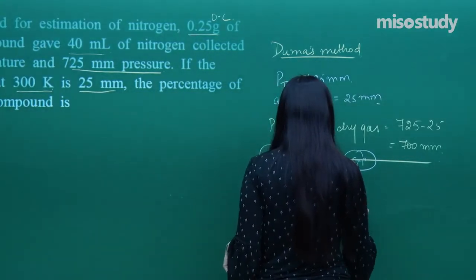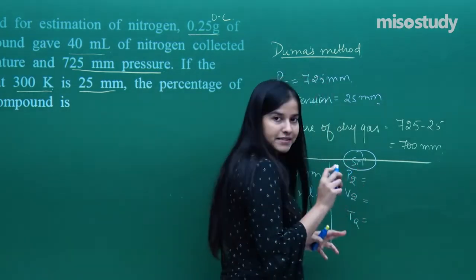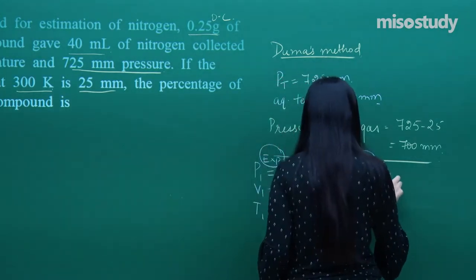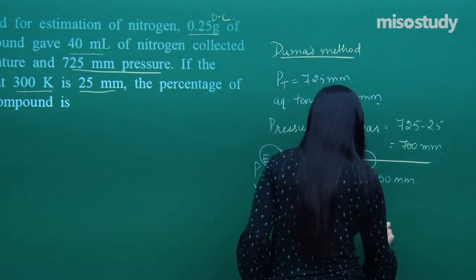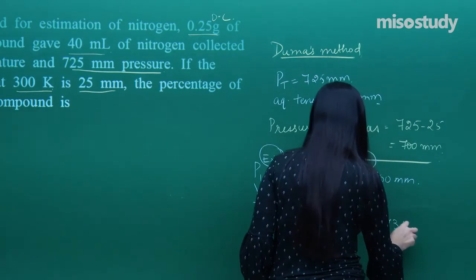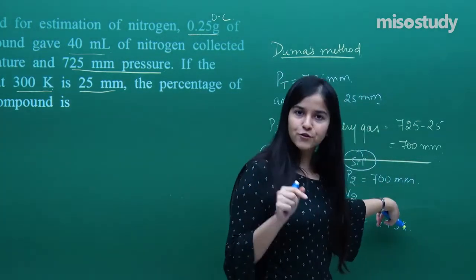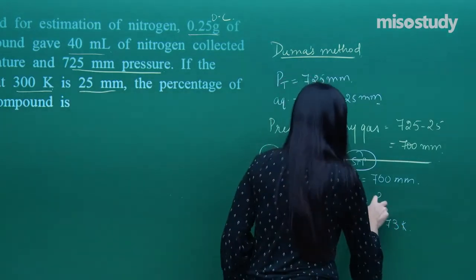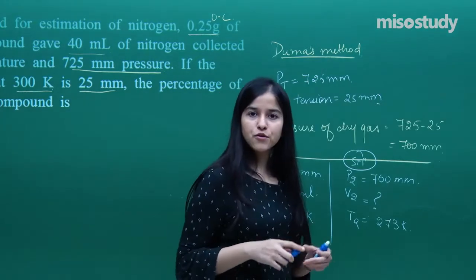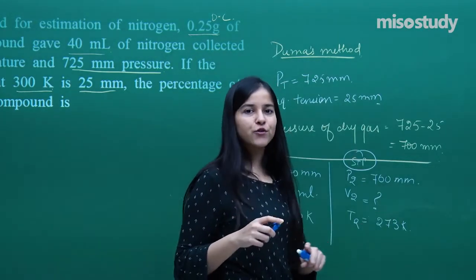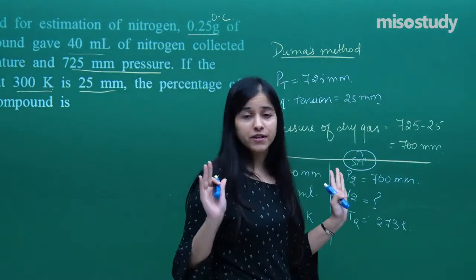P2, V2, T2. So we already know what is the pressure at STP, that is 760 mm. T2 is also, we know, 273 Kelvin. What I am left with is V2 at STP, volume of nitrogen at STP. That is what we need to find out. So once we find the value for the volume of nitrogen at STP, almost 60% of the work is done.